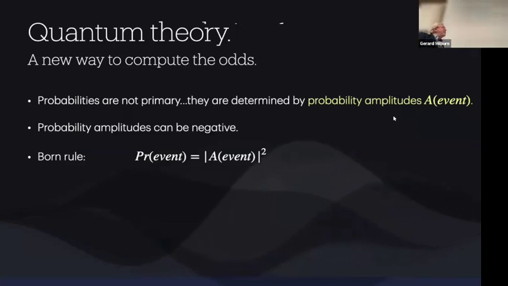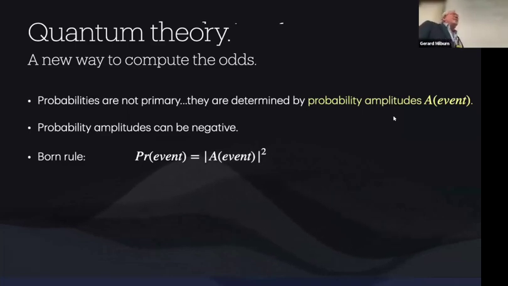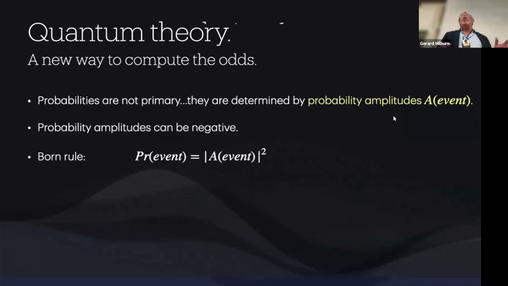They're actually quite simple. It turns out that in quantum physics, probabilities are not the primary objective of the theory. There's something at a deeper level, which we don't have a good name for. I call it probability amplitudes. But the point is, probability amplitudes don't have to be positive, because the only way to get a probability is to square it. And this was an idea proposed by Max Born.